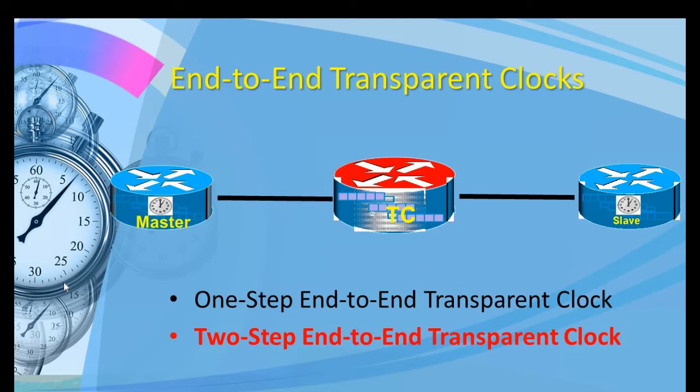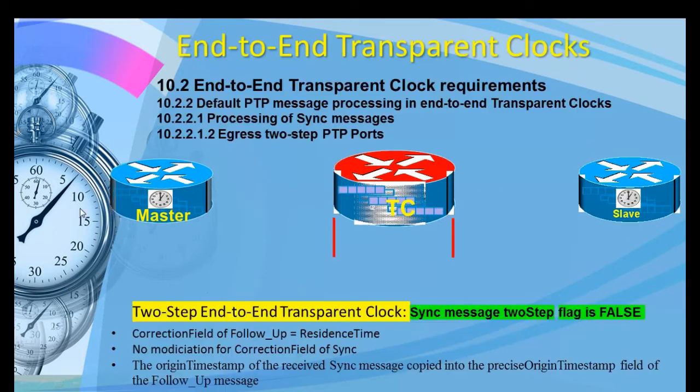Next, I'm going to talk about the two-step end-to-end transparent clock. For the two-step end-to-end transparent clock, the master side will send out a sync message if the master is a one-step master.